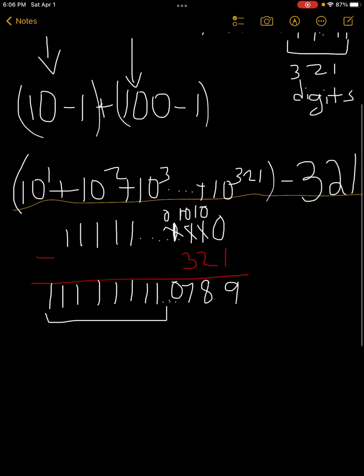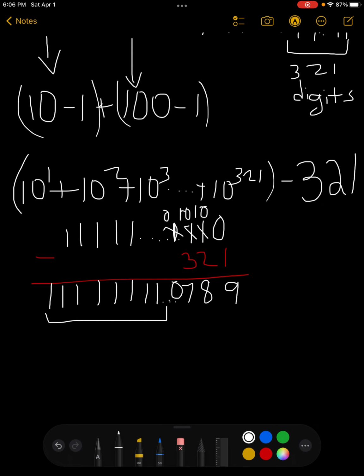So let's think about that. In order to figure that out, we first need to figure out how many digits are in this initial term up here. Well, we know that we added 321 powers of 10 to get to this number. And each one represents a power of 10 that we added. So the first digit represents 10 to the 321st power.